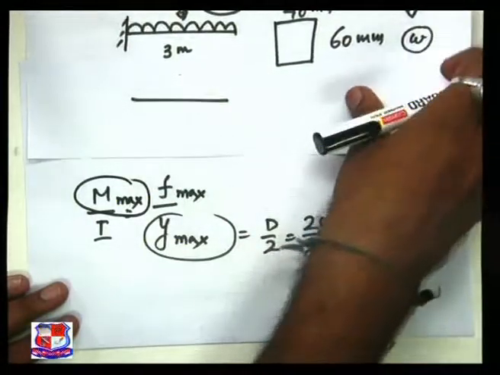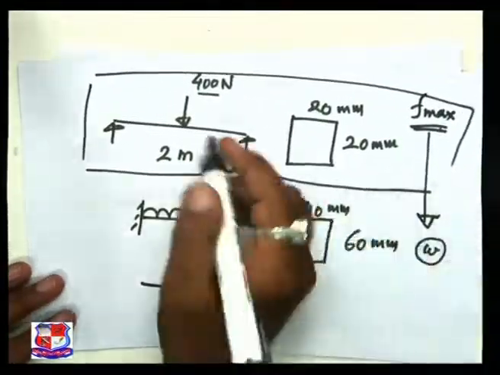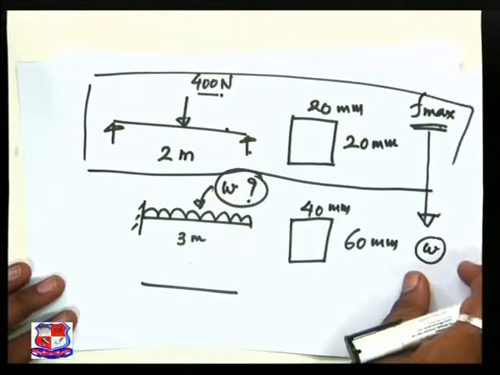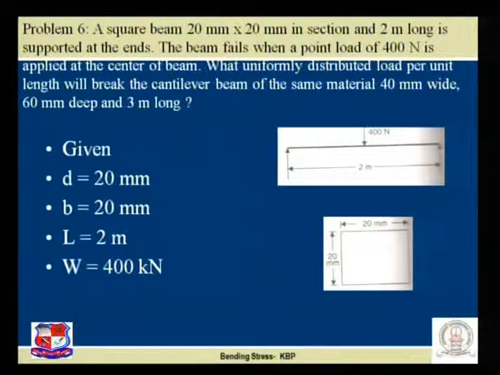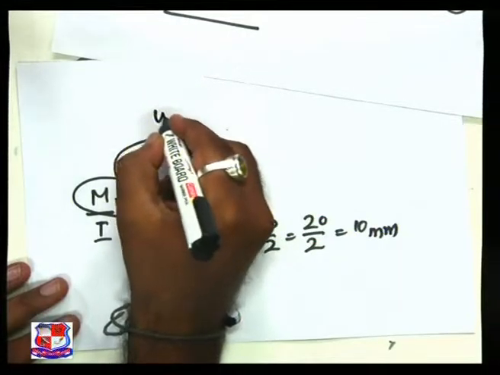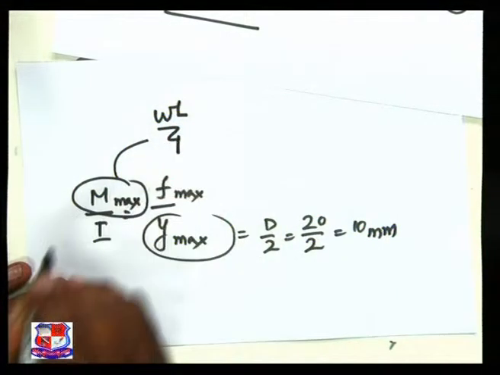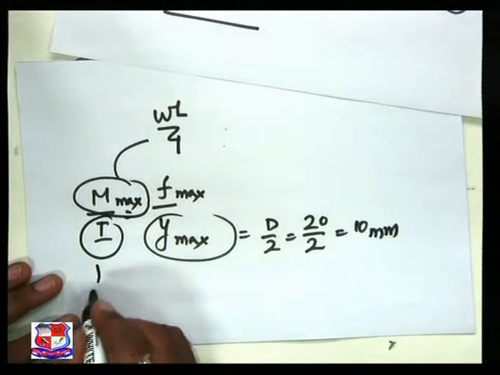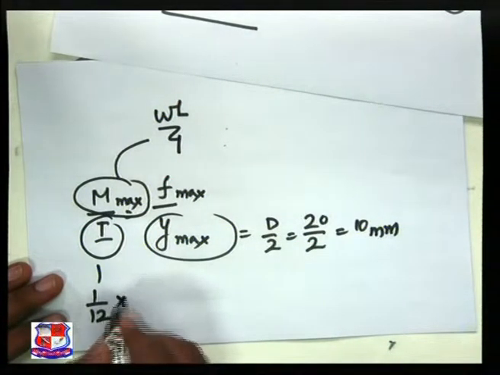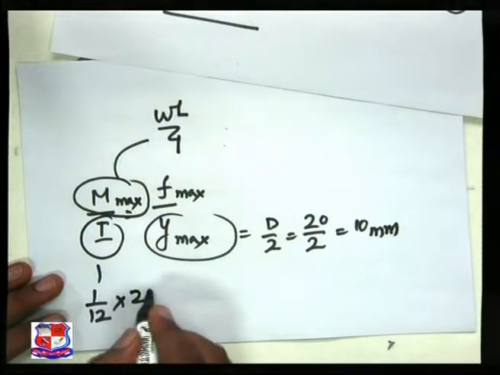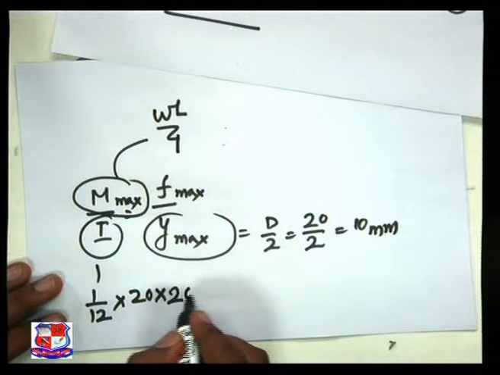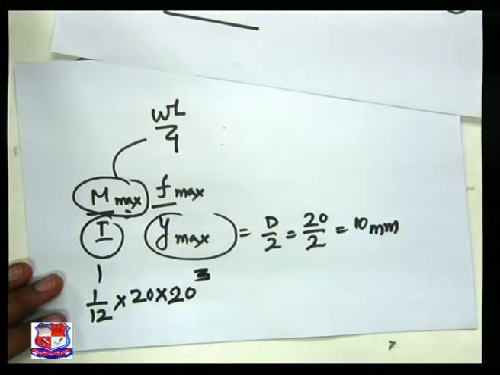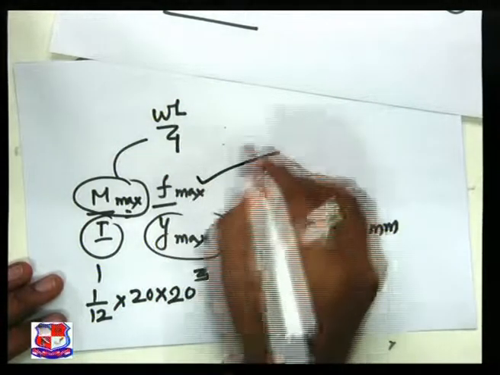M max, refer to a simply supported beam with the center point load. Formula on this tabletop, WL by 4. I is 1 by 12 B D cube, and we can easily find out F max.